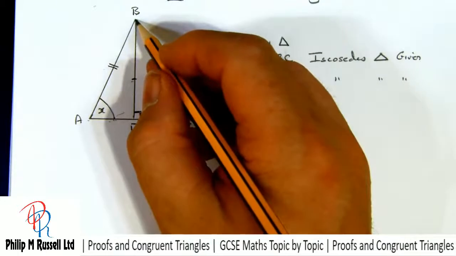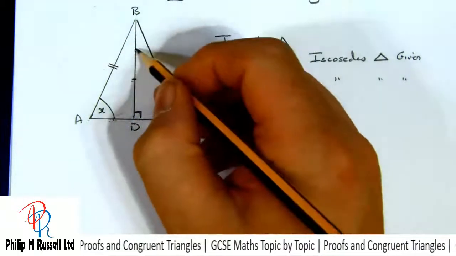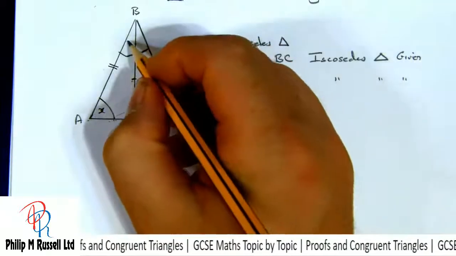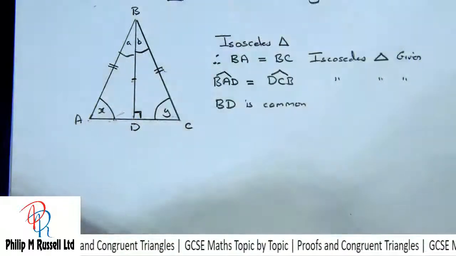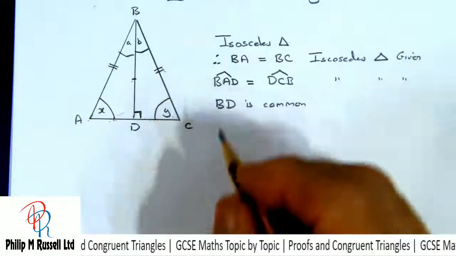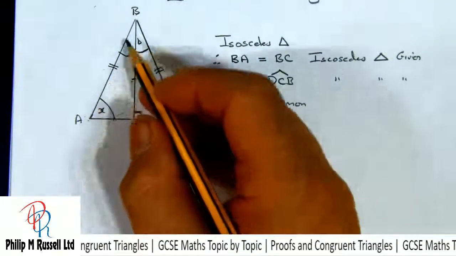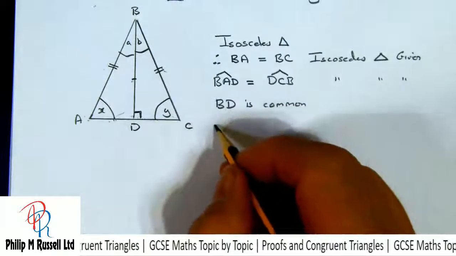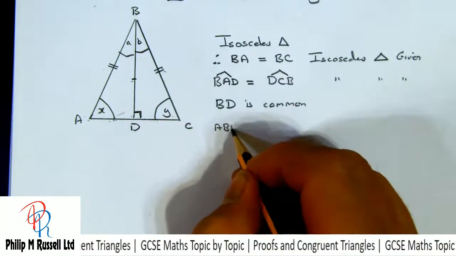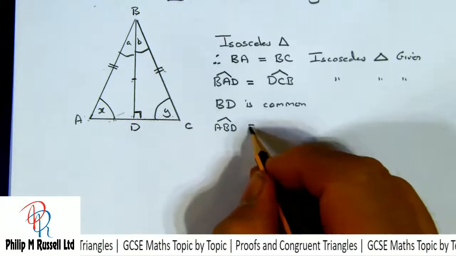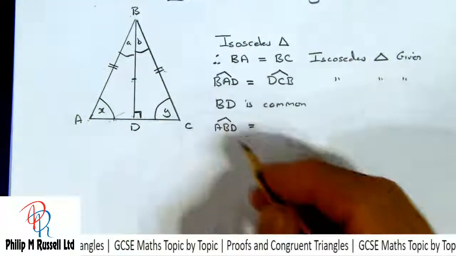If this bisects that, then these angles will be the same. So I might know that ABD is going to equal DBC.